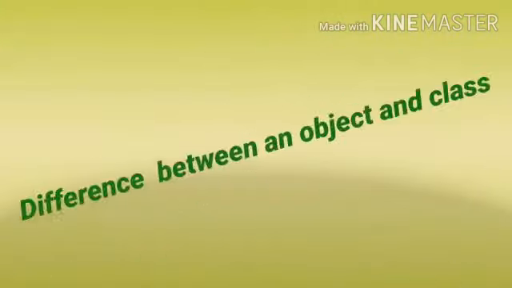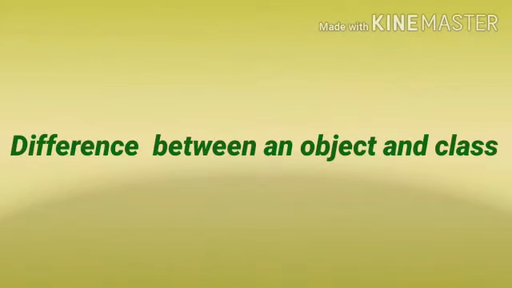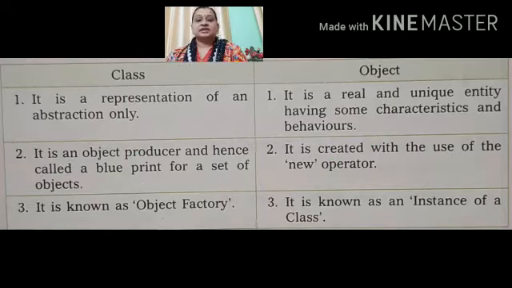Difference between object and class. A class is a representation of an abstraction only, whereas an object is a real and unique entity having some characteristics and behavior.